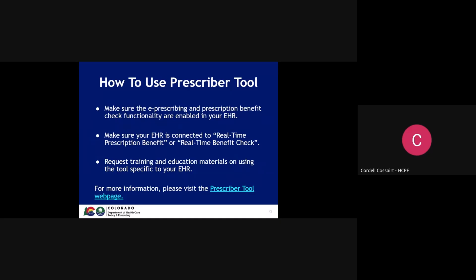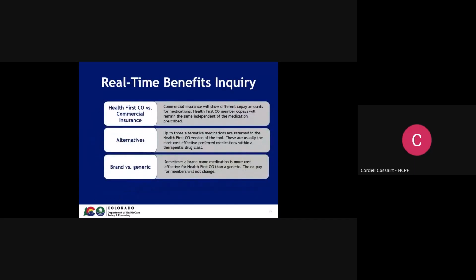If your electronic health record system is connected to SureScripts, you likely will be able to access this module. HCPF can provide limited support to help providers access the Prescriber Tool in their system, if possible. For more information, please visit the Prescriber Tool webpage.